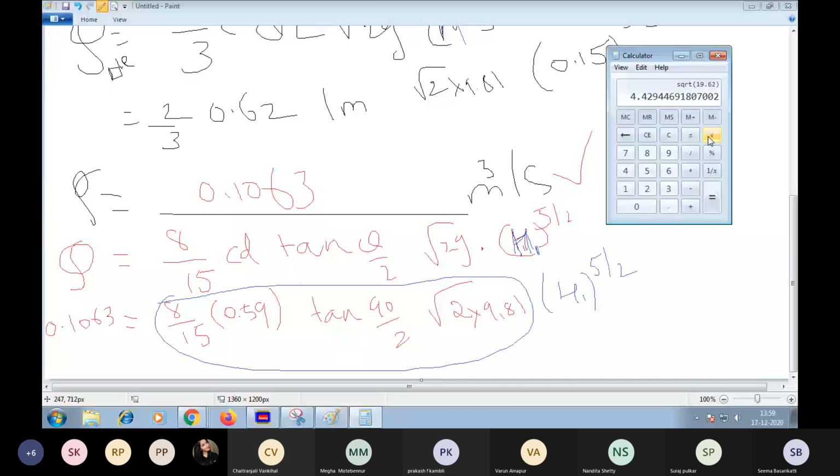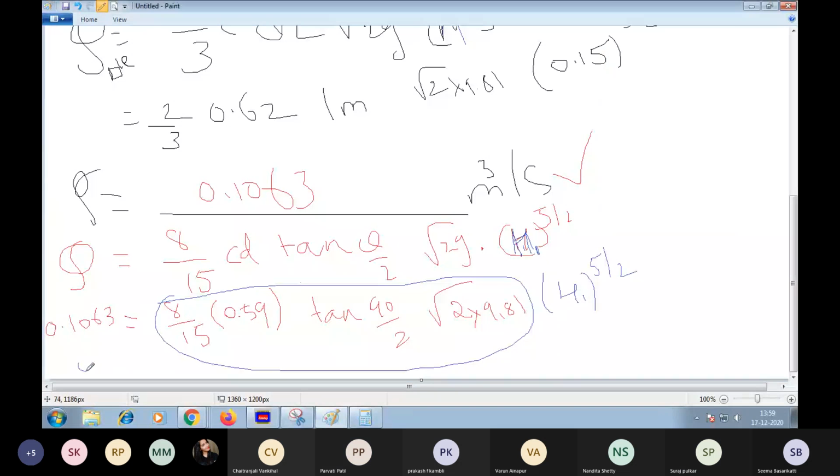How much is it into 0.59 multiplied by 8 divided by 15? How much are you going to get? 1.39? Yes, ma'am.